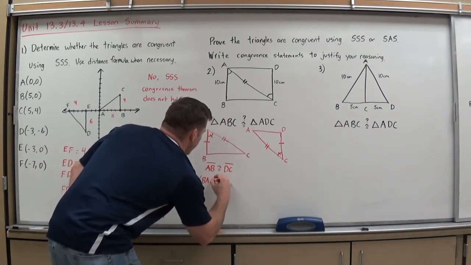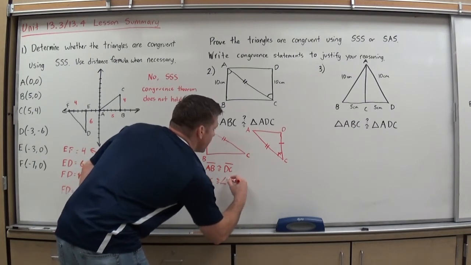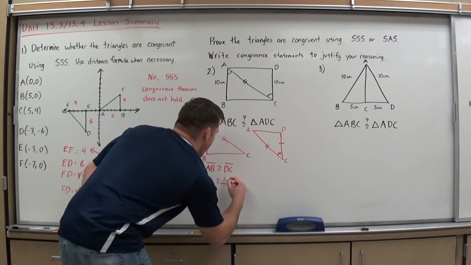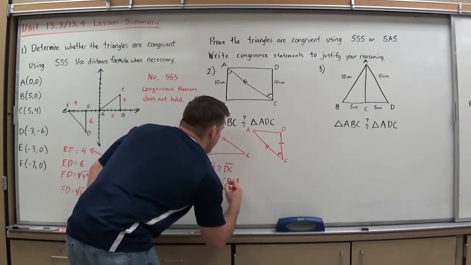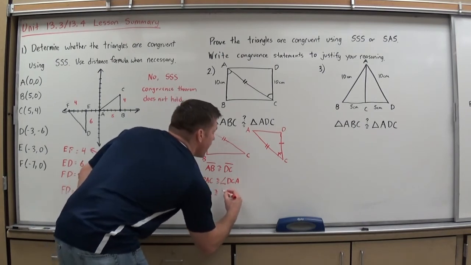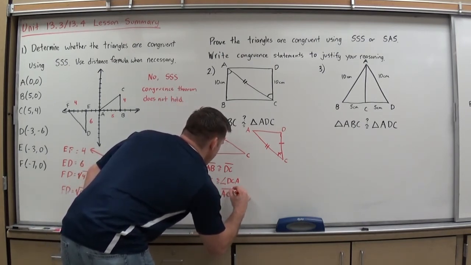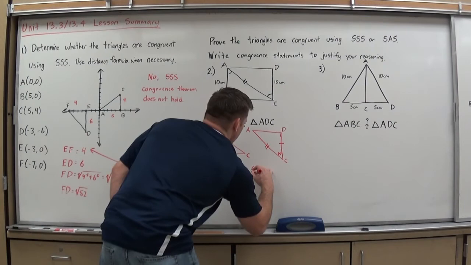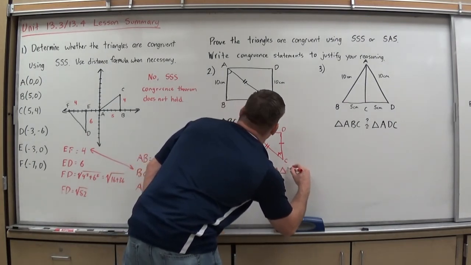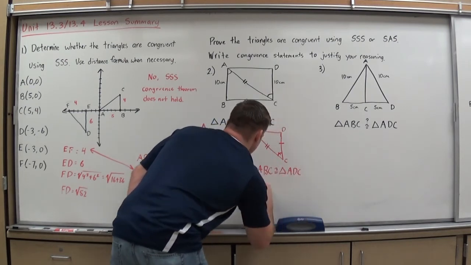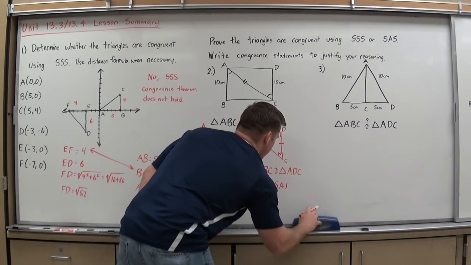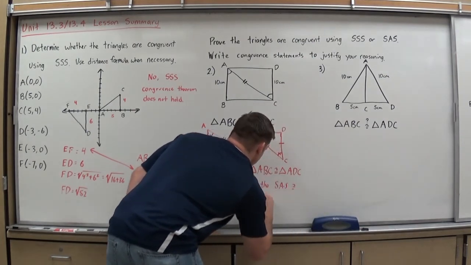Angle BAC is congruent to angle DCA, and I can say side AC is congruent to side AC. So triangle ABC is congruent to triangle ADC by the side angle side congruence theorem.